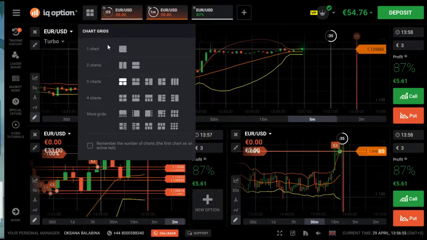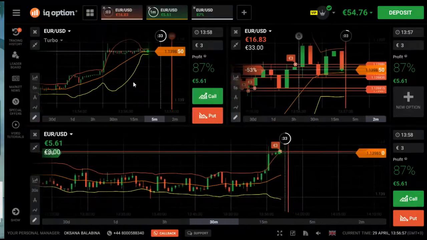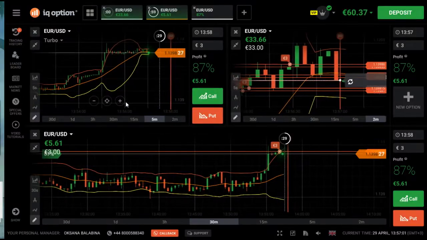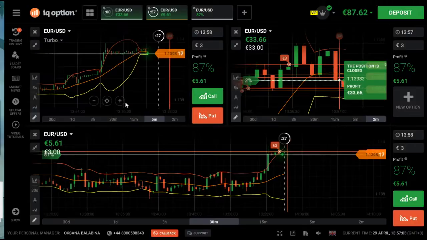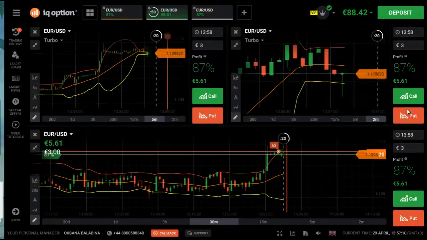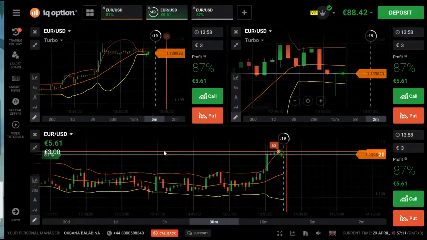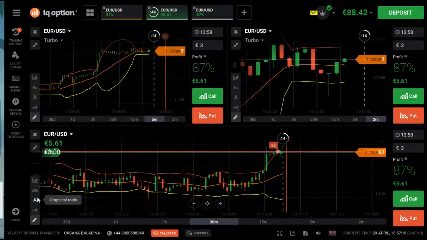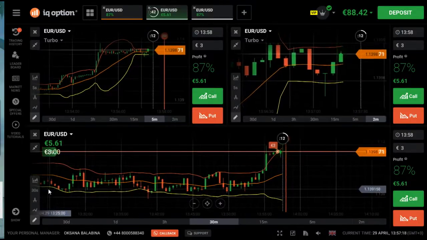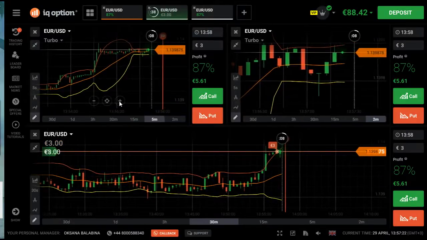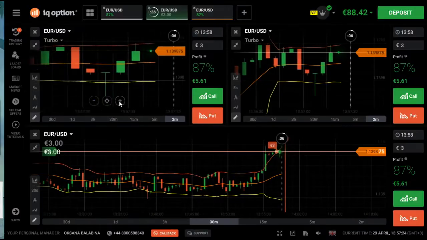Now the window layout kind of reversed, so here it is. On the right side secondary window, I didn't win a lot, but I didn't lose, so it's okay. And now I placed something on the 30-second window as well.